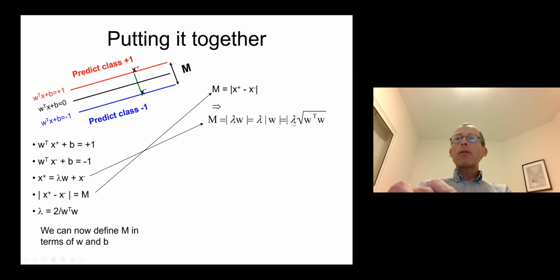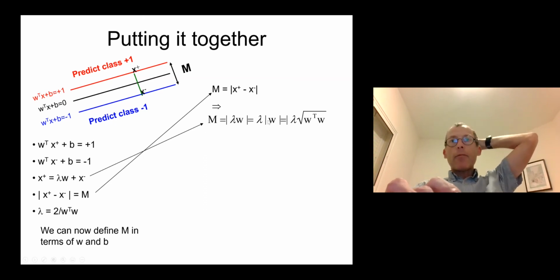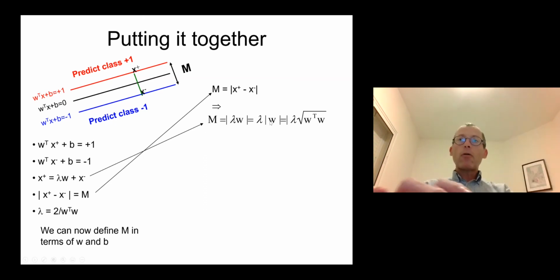Let's take lambda out, and now you know W, this is the absolute value of W, or the square root of WTW. So we have lambda times the square root of WTW is equal to M.